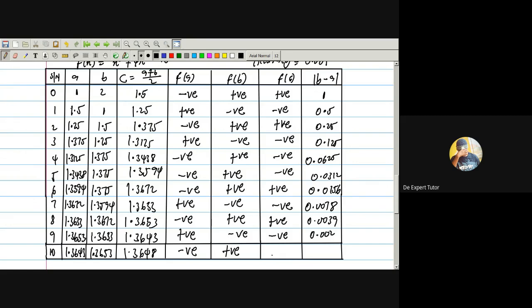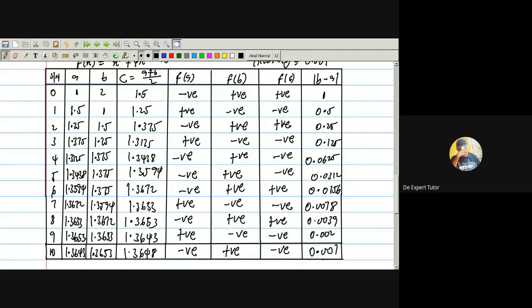What do you have here? Negative. Yes, let's subtract those 2 and see what we get. 0.001.